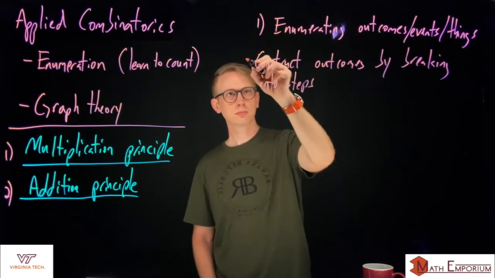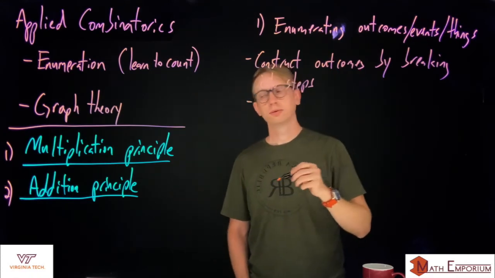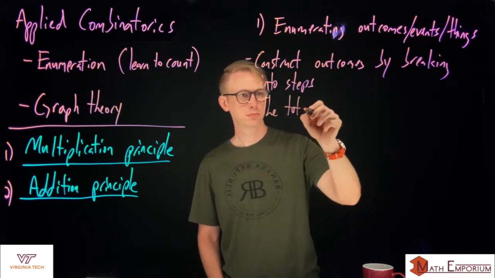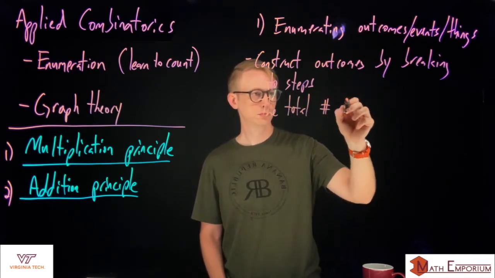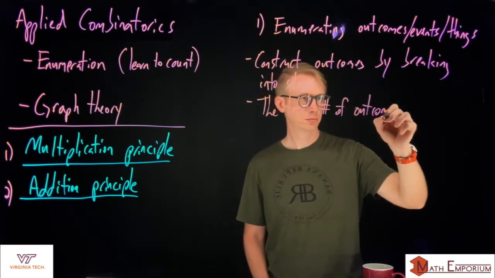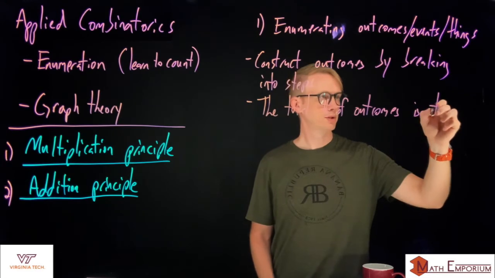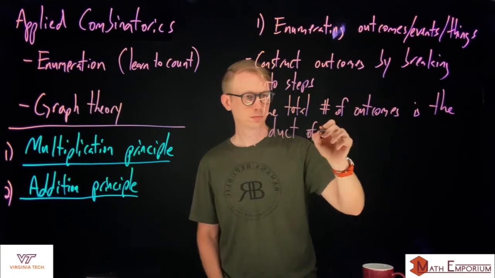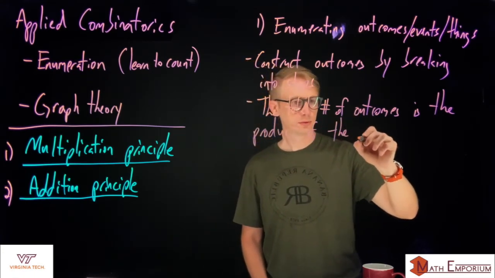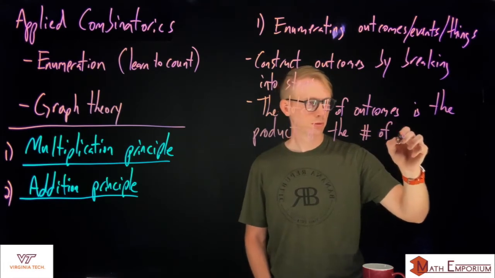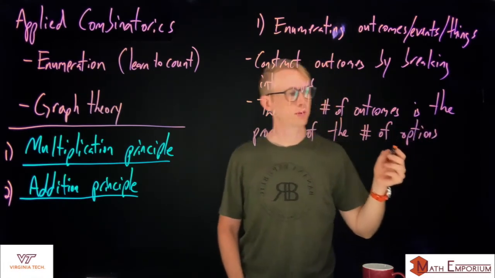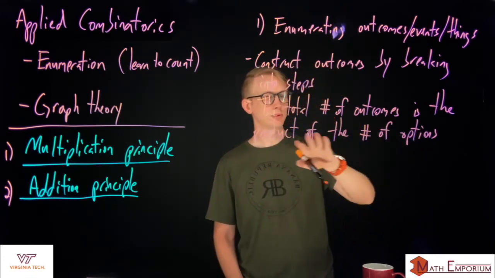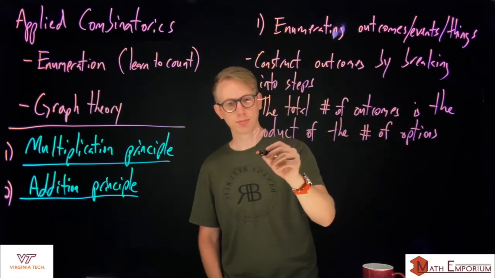And then the multiplication principle says the total number of outcomes is the product of the number of options. Again, you could use another word besides options, but you pick one. So it's the product of the number of options in each step.